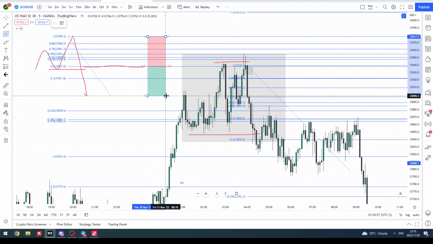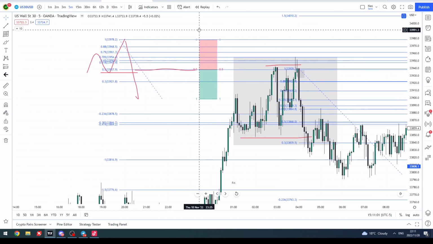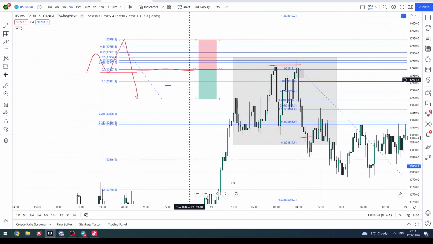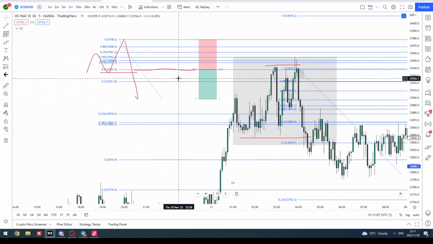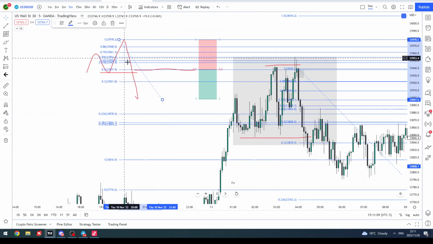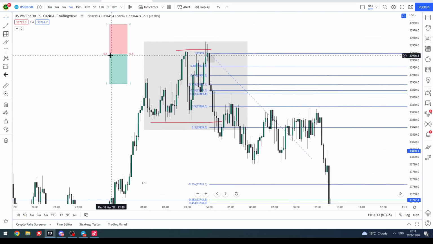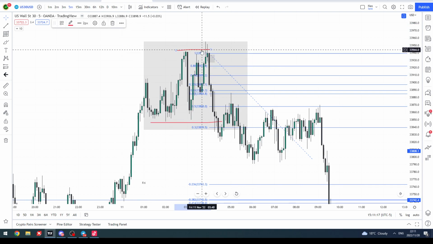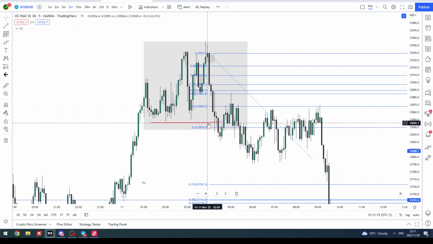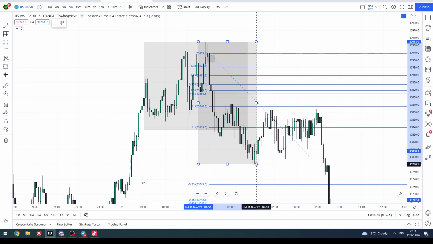This is where this comes into play. Anything above the 50% is considered premium or expensive. You wouldn't sell anything below the 50% if you're looking for shorts, right? So in this case, once we pull our fib, we have the dealing range formed. We took sell side, we took buy side, so we took buy side and then we took sell side. We then have a range that has formed here, right?